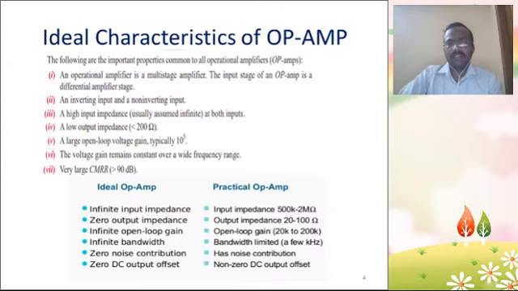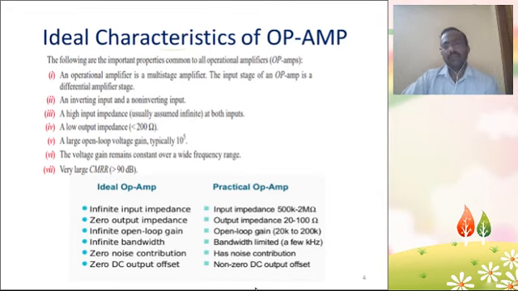Next are the very important characteristics of the operational amplifier. First one is the ideal op-amp. An operational amplifier is a multi-stage amplifier. The input stage of the op-amp is a differential amplifier stage. It has two input terminals.